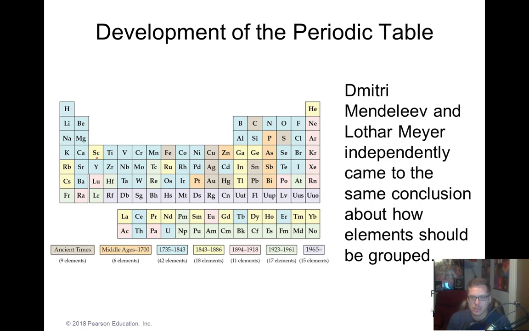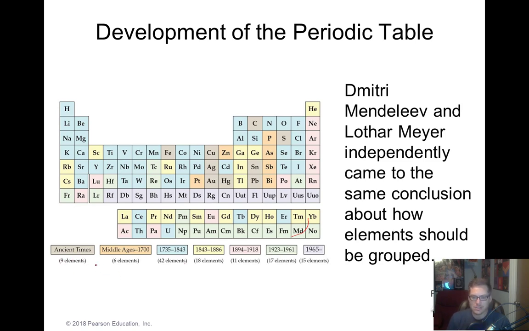They also both had the idea that there would be blank spots in the periodic table, elements that hadn't been discovered yet. Based on those blanks, they actually predicted melting points, boiling points, densities, and reactivities of elements that hadn't been discovered yet. And that's really what put them over the edge in getting the credit for developing the periodic table.